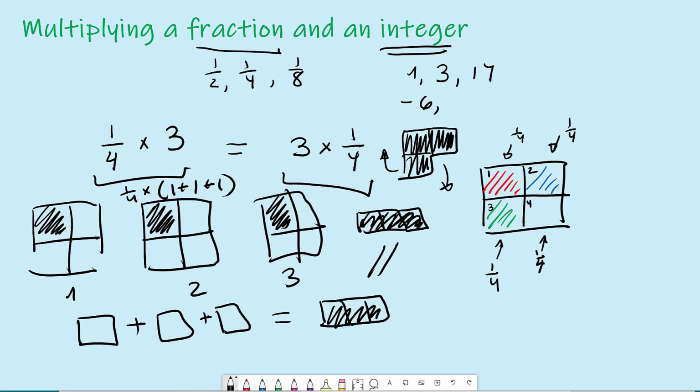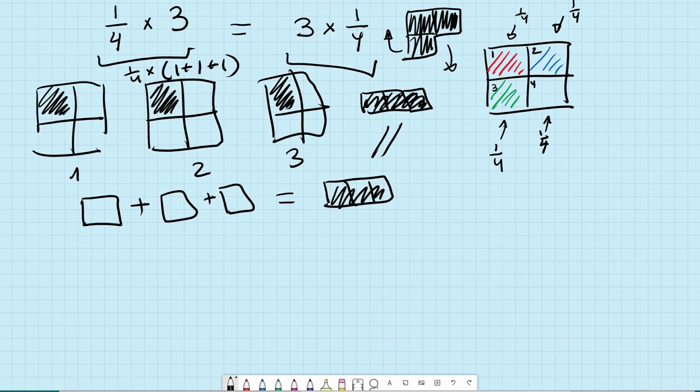So what we see is that when we multiply a fraction and an integer, we can change the order, and we get the same value. Now let's write this in a slightly more general form. Say we have an integer. Let's use the common notation n for an integer. And let's take a fraction, 1 over m, where again m and n are integers.